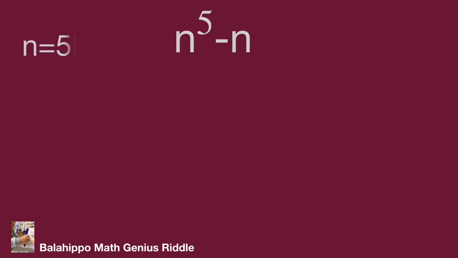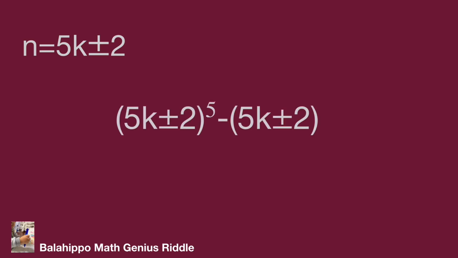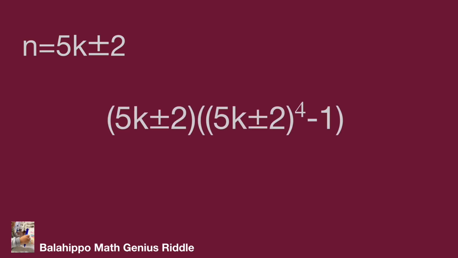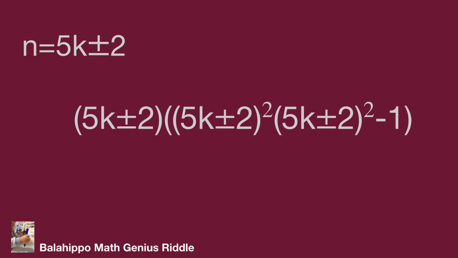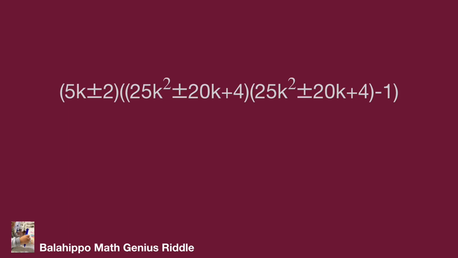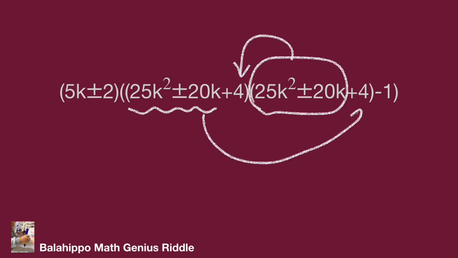While n equal to 5k plus or minus 2, substitute the item into n to the power 5 minus n, factors (5k plus or minus 2), then develop (5k plus or minus 2) squared as 25k squared plus or minus 20k plus 4. Treat 25k squared plus or minus 20k as one item, then develop these two quantities, 25k squared plus or minus 20k plus 4.